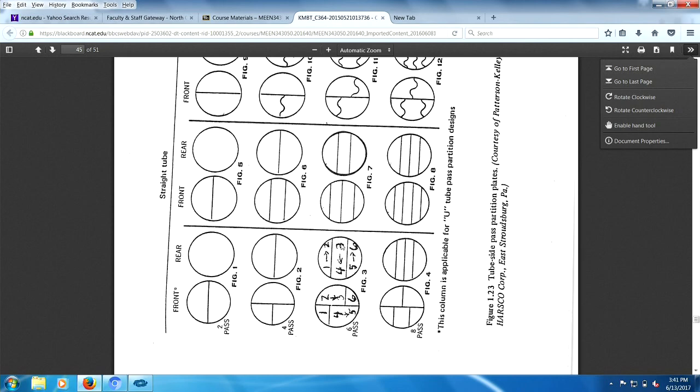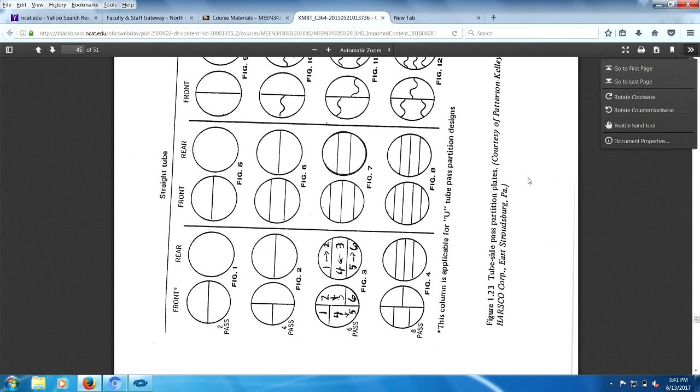Comes out at 3. Goes into 4. Comes out at 4. Goes into 5, and comes out at 5, goes into 6, and comes out at 6. That's a 6-passer right there. That's determined by the channel covers. This is the front of the exchanger, and this is the rear of the exchanger.